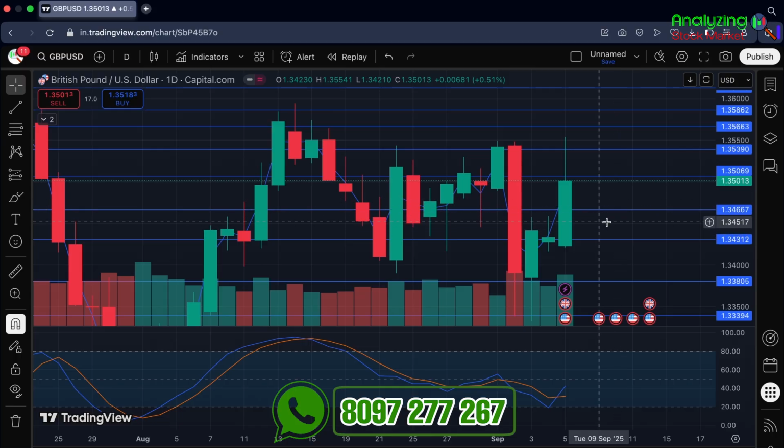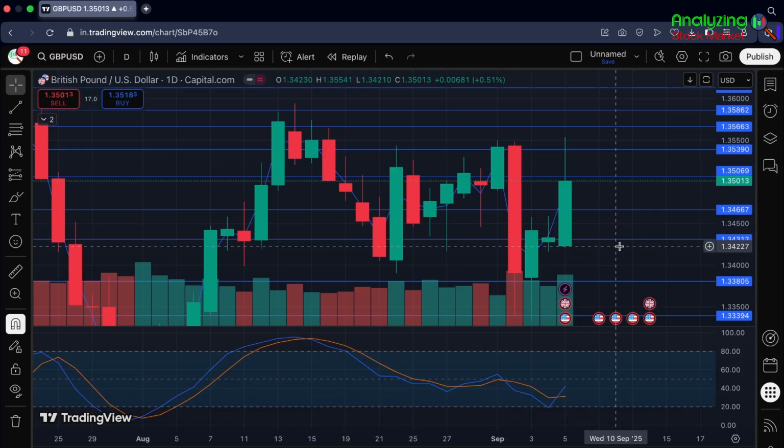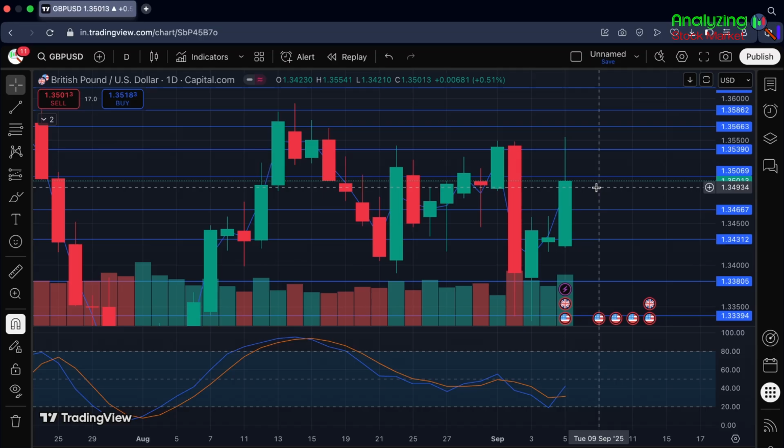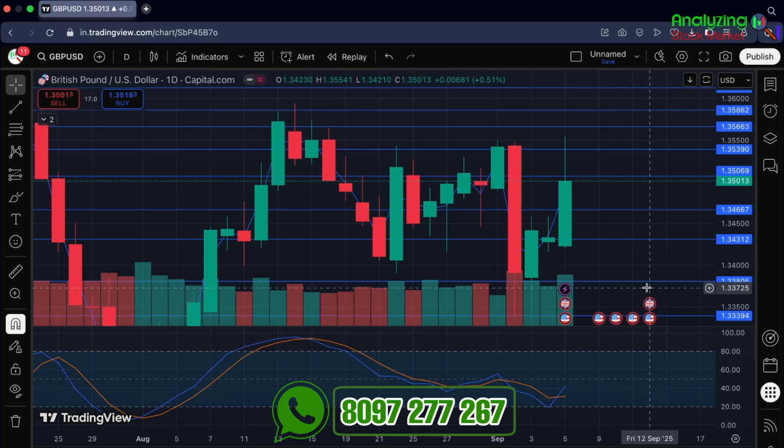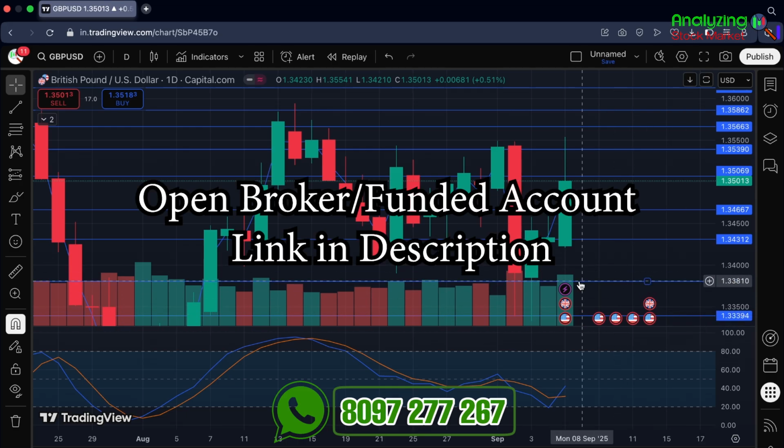Then we can go for a short trade till 1.34312. If 1.34312 also gets breached, then we can see a fall till 1.33805. Remember these levels. These are some important levels that will help you to take better trades. Currently my expectation is positive for this week, and we can see a good number of events this week, so be careful during this period.